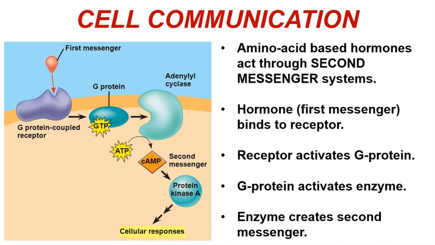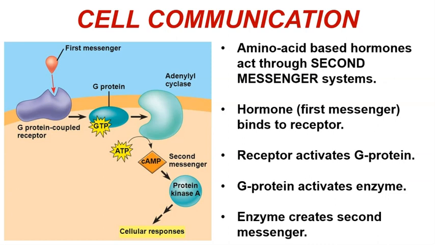The enzyme will then go on to create another chemical inside the cell that's called the second messenger. A lot of amino acid-based hormones work by this second messenger system by binding to their receptors on the outside of the cell. So it's not the hormone that's directly causing the cellular response, it's the second messenger that's created that's causing the change in the cell's behavior in response to that particular hormone binding.